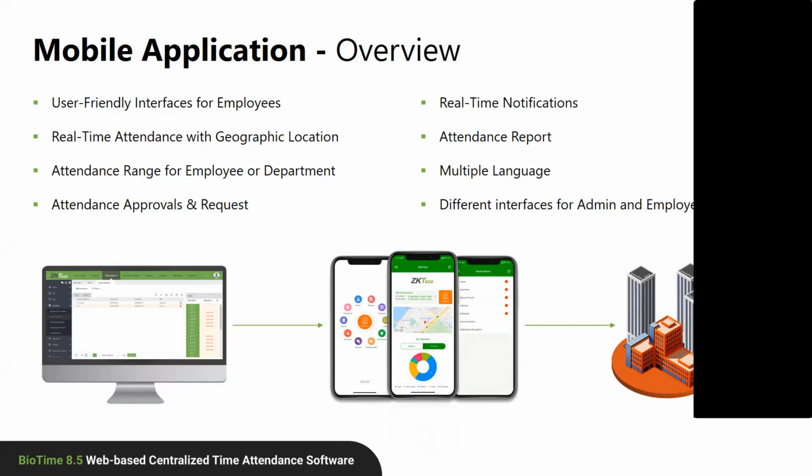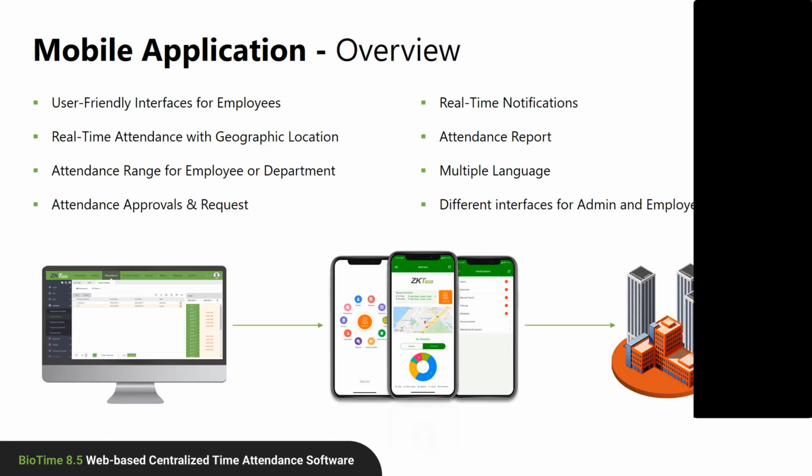Real-time notifications can be viewed, for example for leave applications, and requests and approvals can be managed using the BioTime mobile application. The attendance reports can also be seen. This mobile application is supported in different languages. It supports Arabic as well.